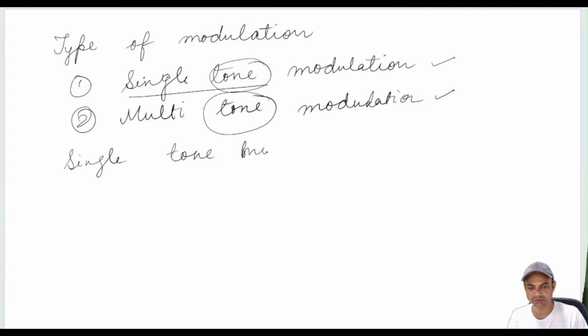Single tone modulation. What is single tone modulation?